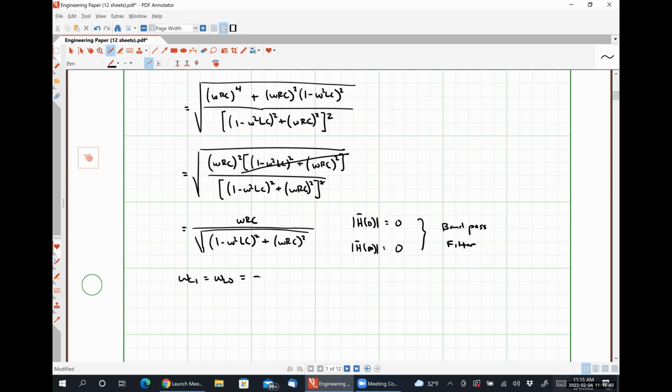Our first one is negative R over 2L plus the square root of R over 2L squared plus omega naught squared, and omega C2, or our high frequency corner frequency, omega high, is going to be positive R over 2L plus the square root of R over 2L quantity squared plus omega naught squared.